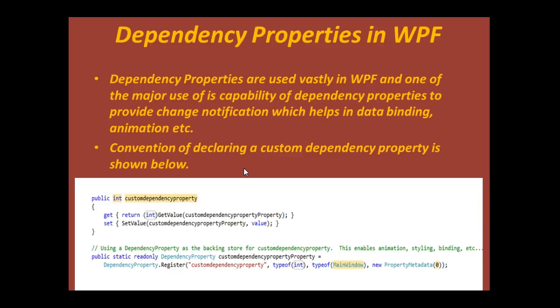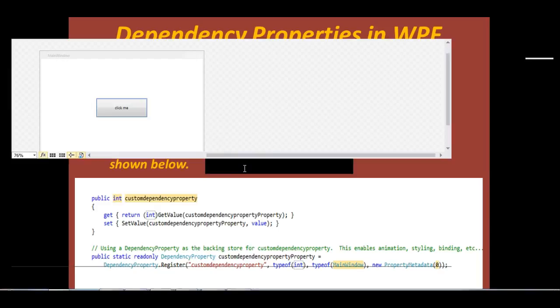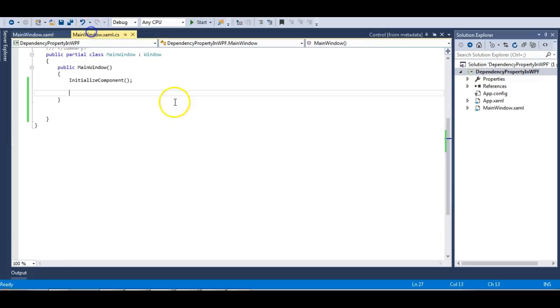I will explain how to make a custom dependency property in my next lecture, but before that we need to understand the convention of declaring a custom dependency property. So let's move to Visual Studio and explain the concept of declaring a dependency property.